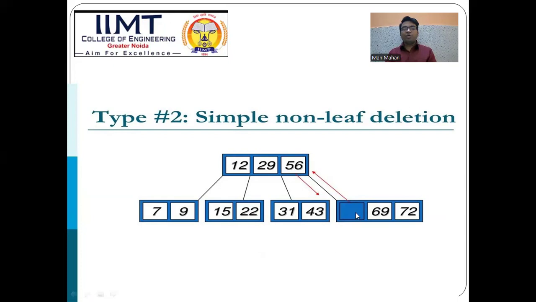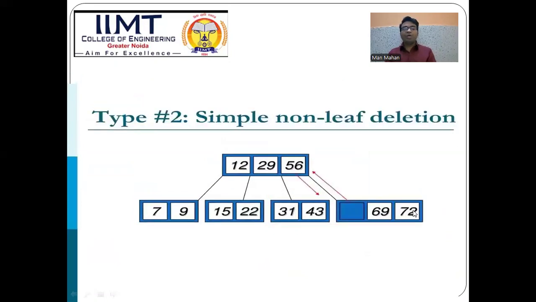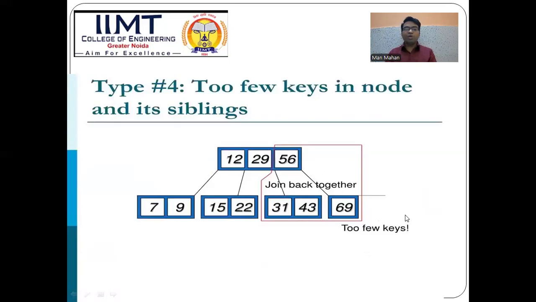Where we want to delete, yes, we can delete the elements in the particular positions. If we want to delete 43, then we move 56 into the particular position. Now if we want to delete 72, then merge all the root node.